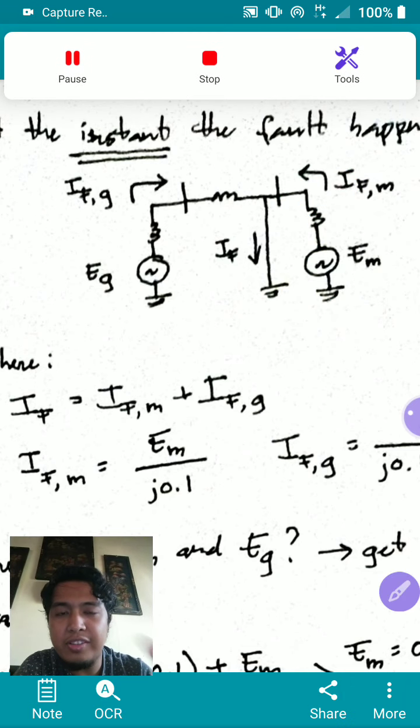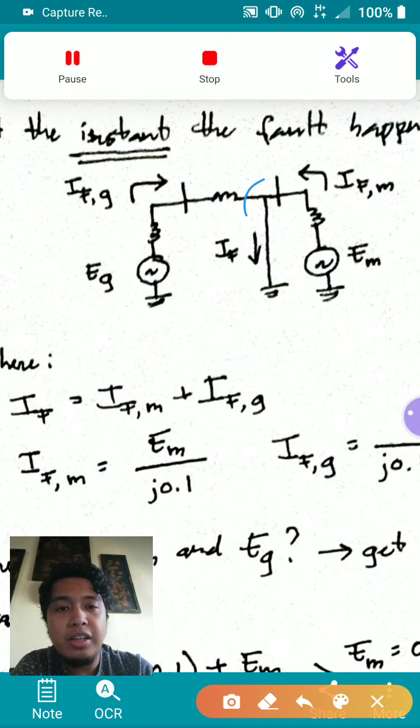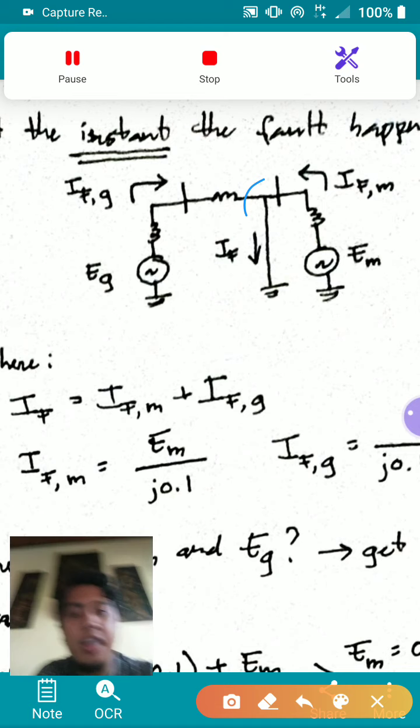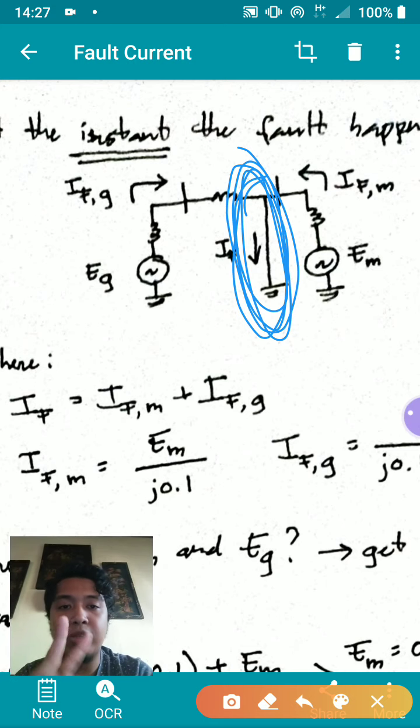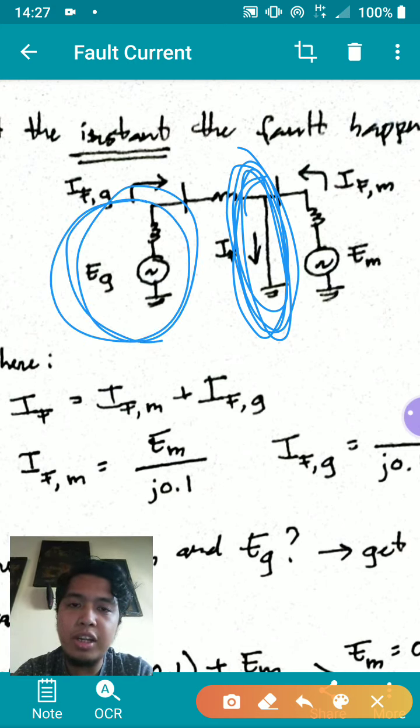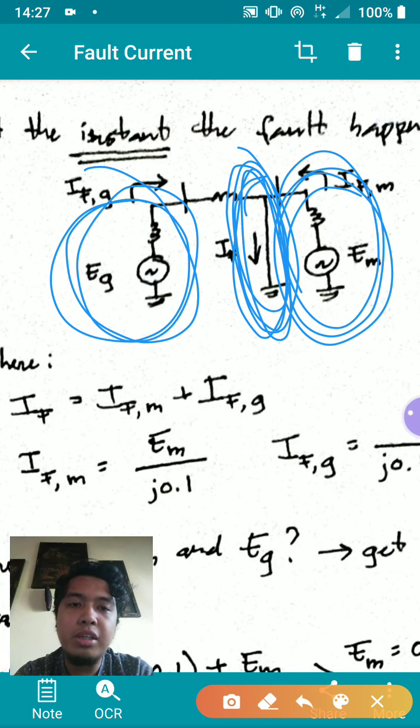Therefore, if it is acting as a generator at the very instant that the fault happens, this short circuit is being supplied by actually two generators, at least for this example: your actual generator and your motor turned generator.